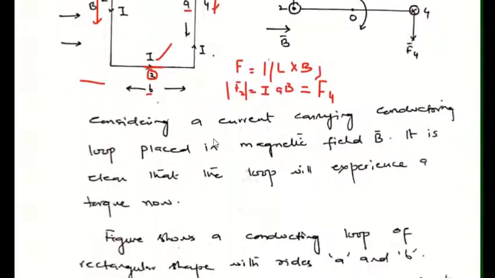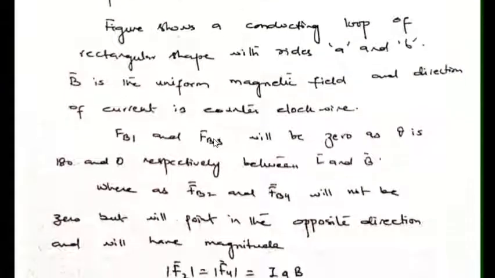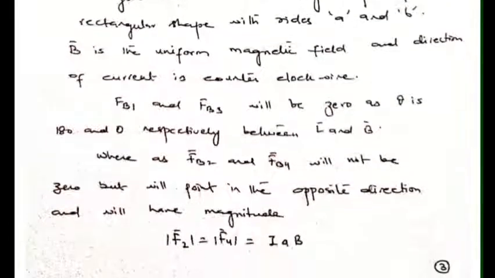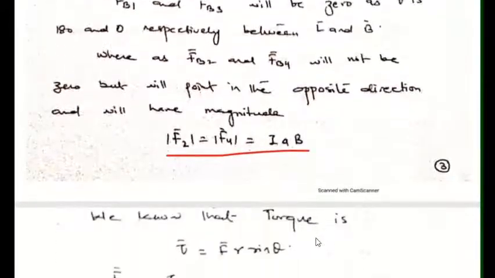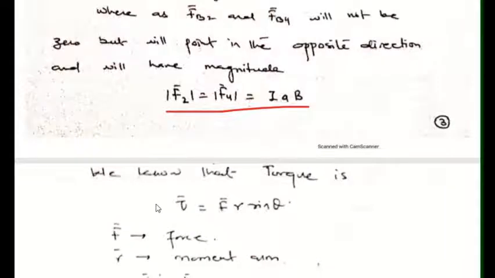So what will happen over here is what we have calculated by looking at the figure, and if we further proceed to the turning effect, that is tau, we know that tau equals F r sine theta, where F is the force and r is the moment arm.